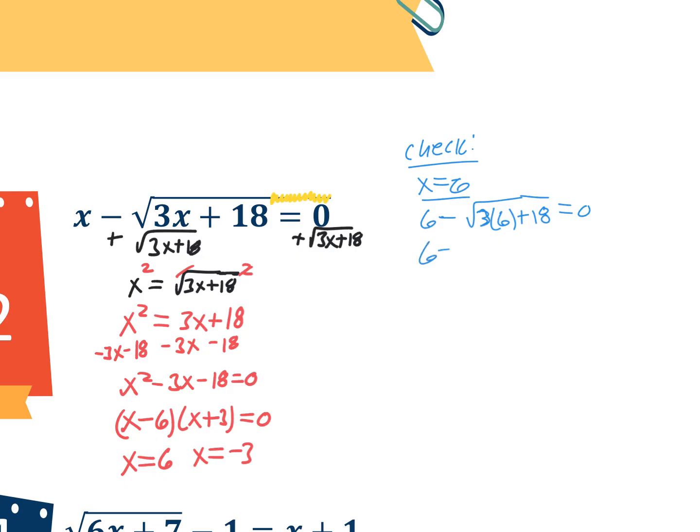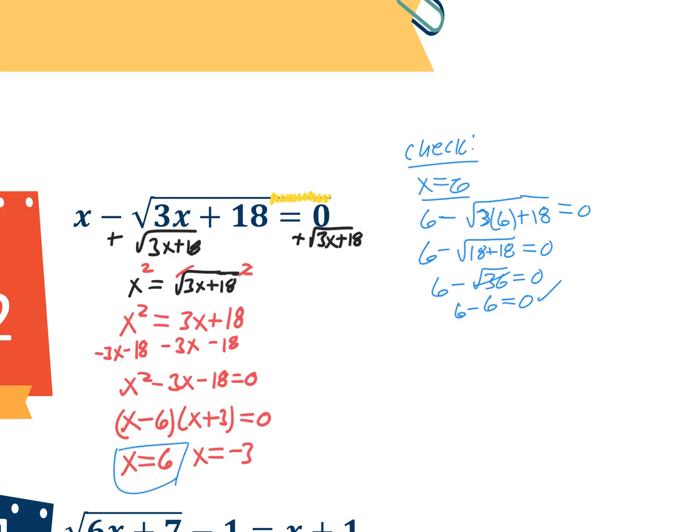So I get 6 minus the square root of 18 plus 18 equals 0. So I get 6 minus the square root of 36 equals 0, and the square root of 36 is 6, right? And then 6 minus 6 is indeed 0. So 6 is a valid answer.